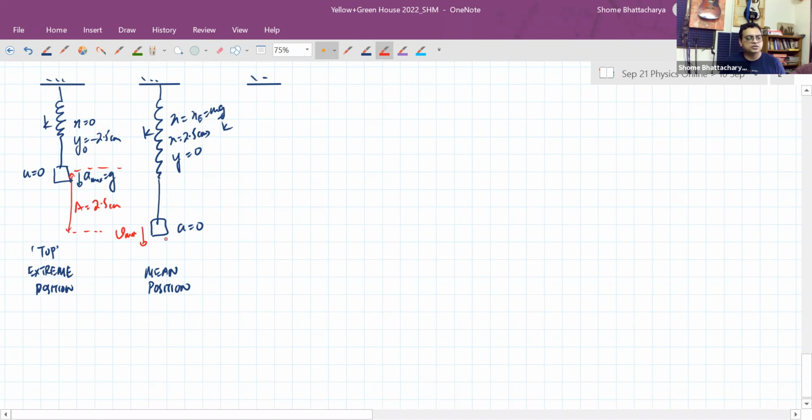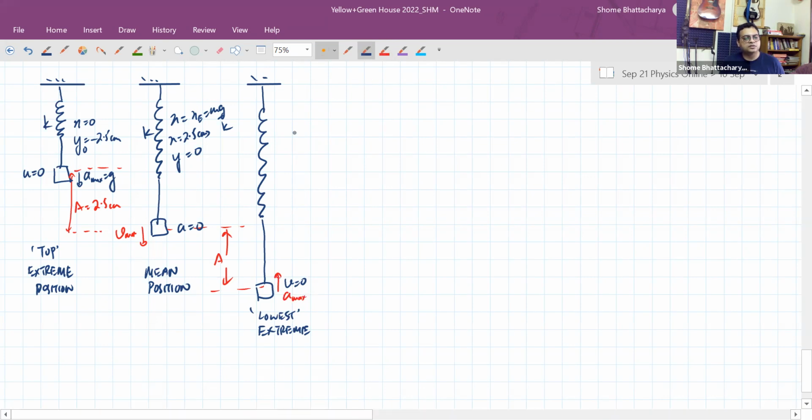But because it has this maximum speed, it will go further down. By the time it reaches one more amplitude below, it will reach the lowest extreme. At this point its velocity will be 0, but its upward acceleration will be maximum.